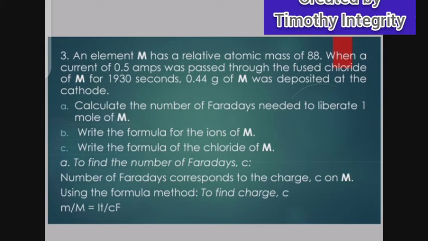The first one, to find the number of Faradays, we know that number of Faradays is equivalent to the charge on M. So we use the formula: mass over molar mass is equal to the product of time and current over CF, C being the charge and F being the Faraday.